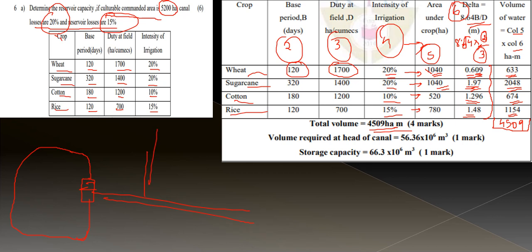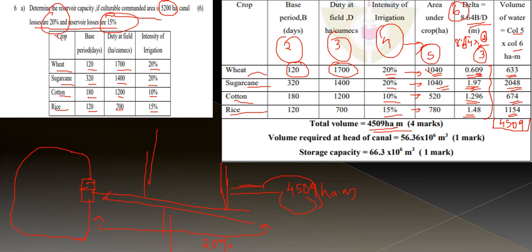We have many branches like this, and finally this is our field. Water required here is 4509 hectometer, and canal losses, that is conveyance losses, are given as 20%.